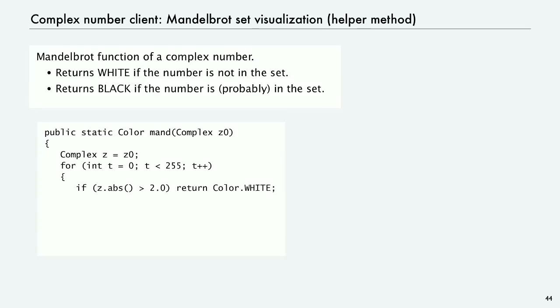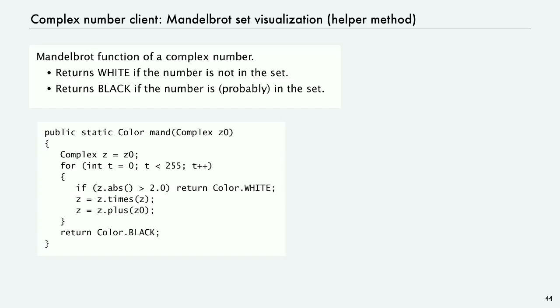If it is, returns white. Otherwise, we say z gets z times z, and z gets z plus z0. And that's an iteration. Go through that, and if we haven't returned yet, that means we went 255 times, we never got a value bigger than 2. That's when we return black.